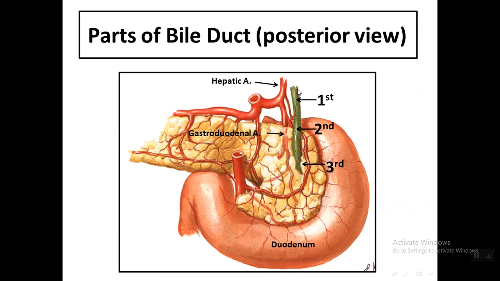This is the first part or the supraduodenal part accompanying the hepatic artery and anterior to the portal vein. The second part or the retroduodenal part accompanies the gastroduodenal artery behind the first part of the duodenum. And the third part or the paraduodenal part runs in a groove in the posterior part of the head of the pancreas.